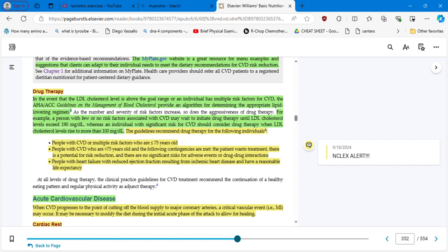Drug therapy is used in the event that the LDL cholesterol level is above the goal range or an individual has multiple risk factors. The AHA and ACC guidelines for the management of blood cholesterol provide an algorithm for determining the appropriate lipid-lowering regimen. So there is an algorithm. For example, in diabetes, the first medication to start is going to be metformin.